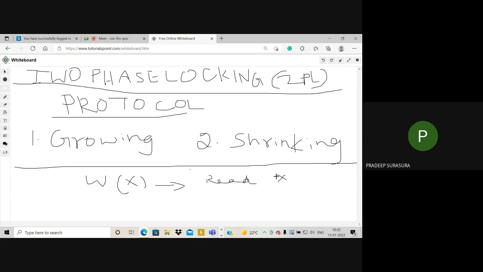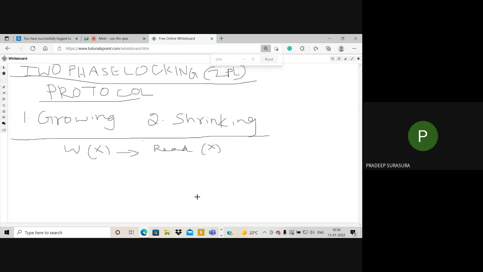So in order to read data, I should acquire a read lock. Multiple read locks can be acquired simultaneously, so before you apply a write lock, what should you do?